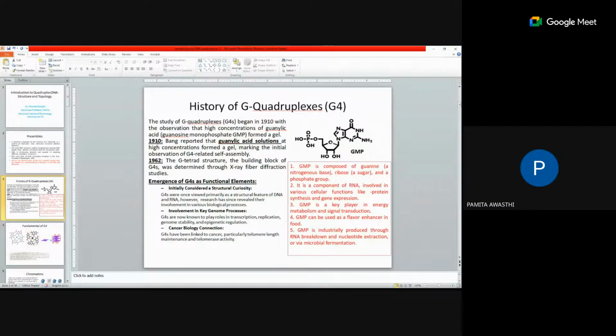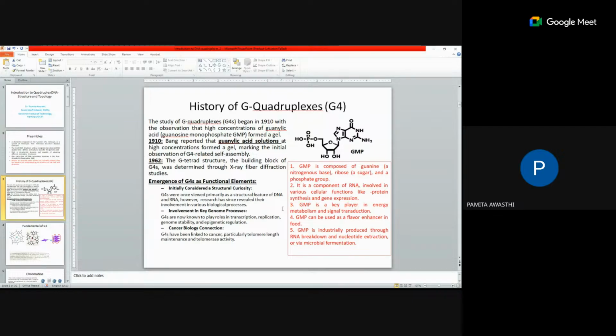It was in 1910 that Bang reported that guanylic acid solution at high concentration formed a gel, making the initial observation of G4-related self-assembly. In 1962, the G-tetrad structure, the building block of G4, was determined through X-ray fiber diffraction studies. G4 was once viewed primarily as a structural feature of DNA and RNA.